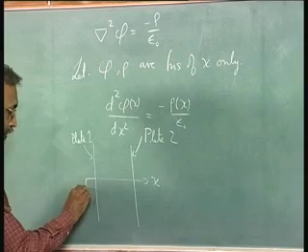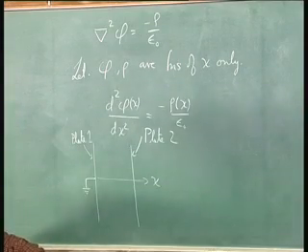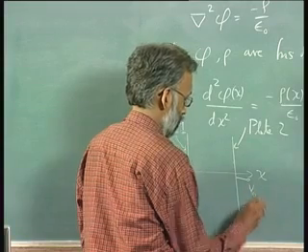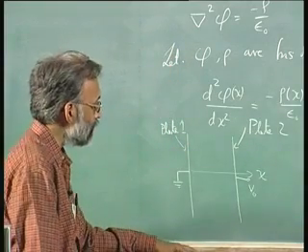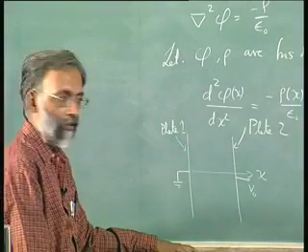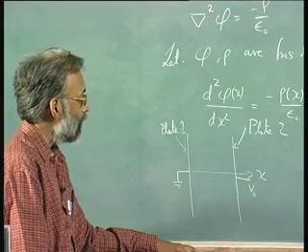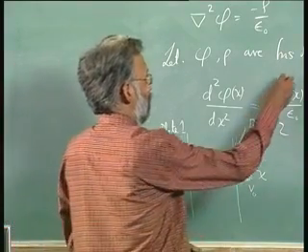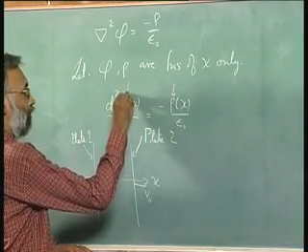I choose to ground one plate and the other plate I put at voltage V naught. And I want to know how to solve for rho and how to solve for phi.